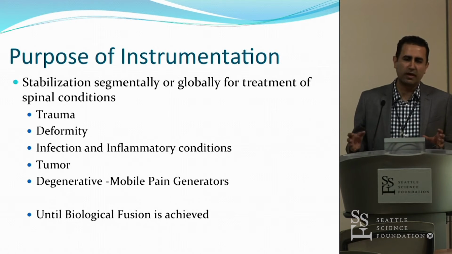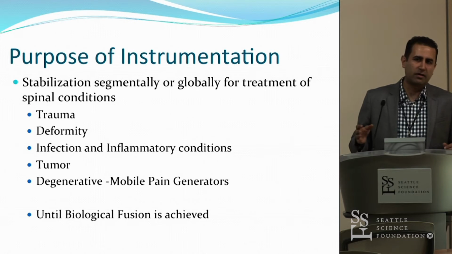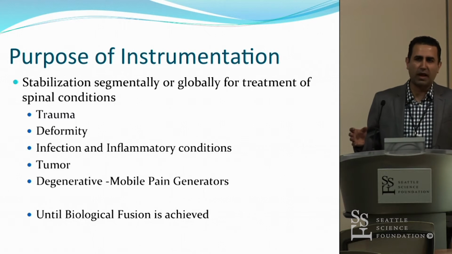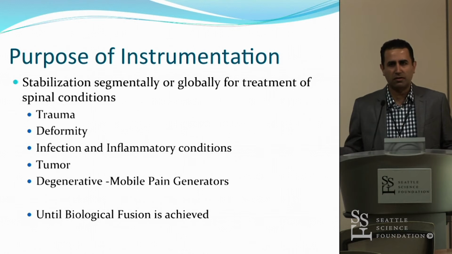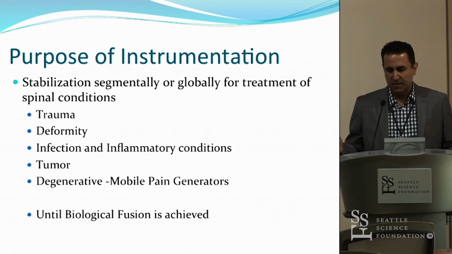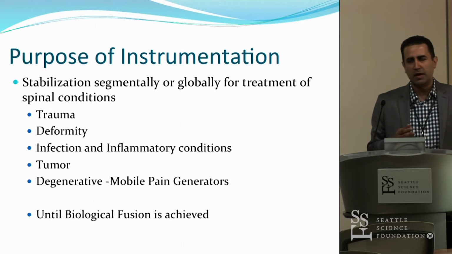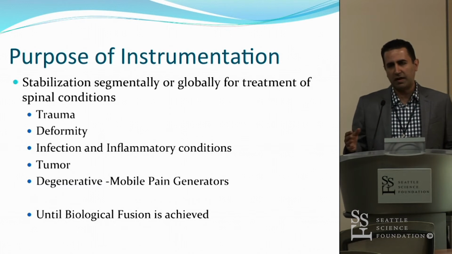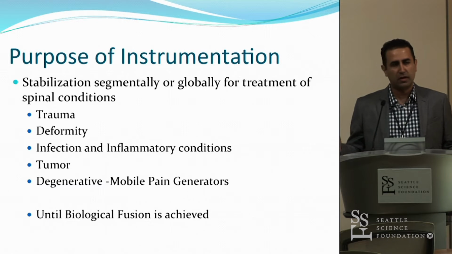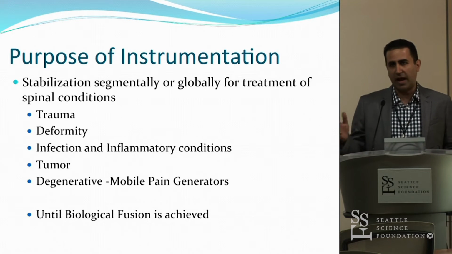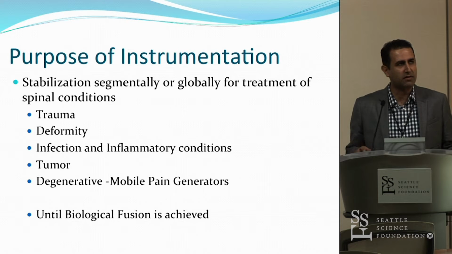So it's a race really between failure of the instrumentation, of the implants, and that of biological fusion being achieved. And selection of the implant is so key or critical to this because the properties of the implants that you'll select as surgeons really depends on the condition that you're treating and the patient factors that you're treating.